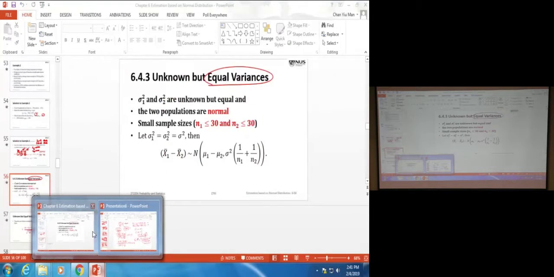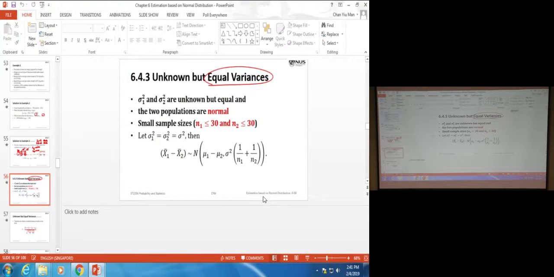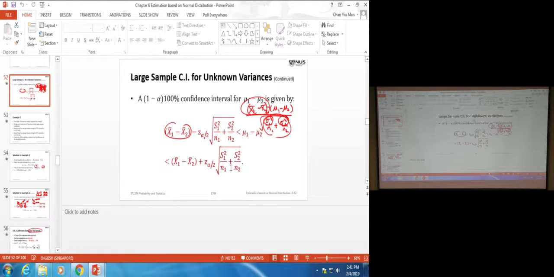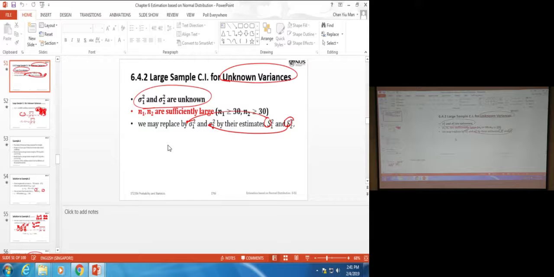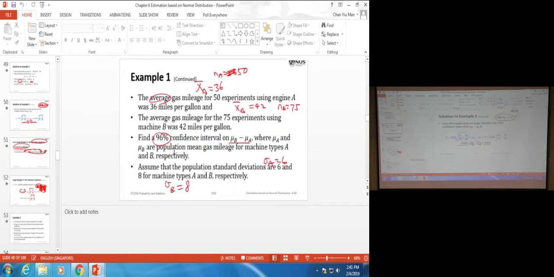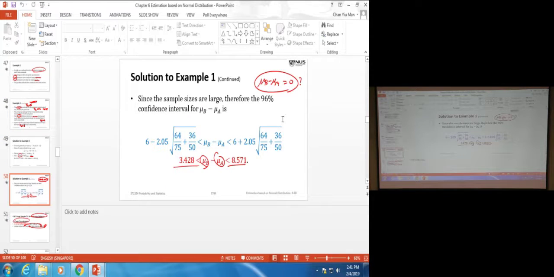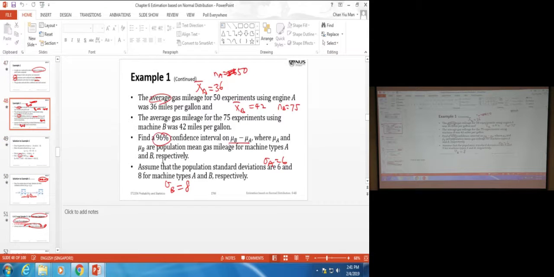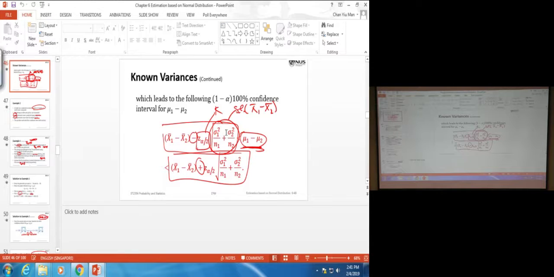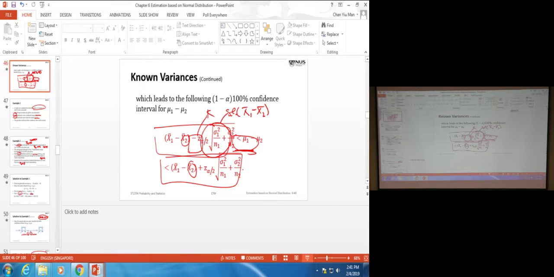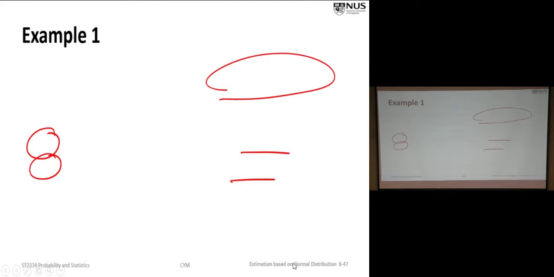So this is what we have. Yesterday we briefly talked about this one, mu1 minus mu2. If sigmas are known, then you just apply the formula, and this follows a standard normal.